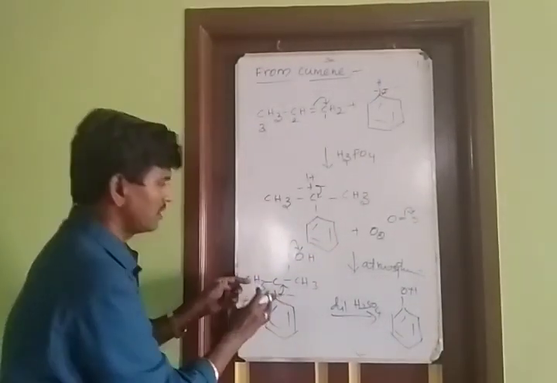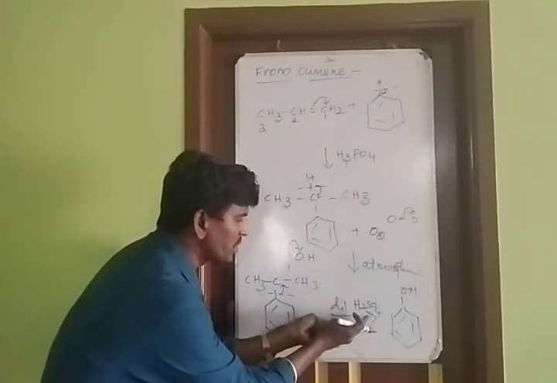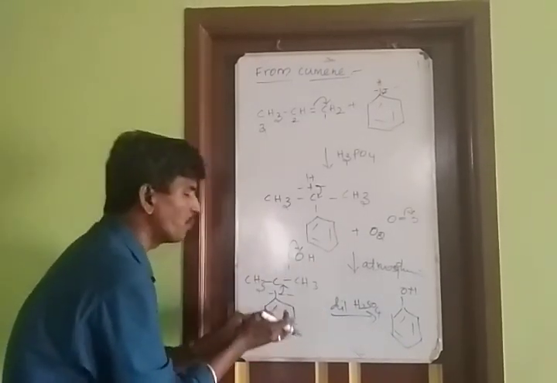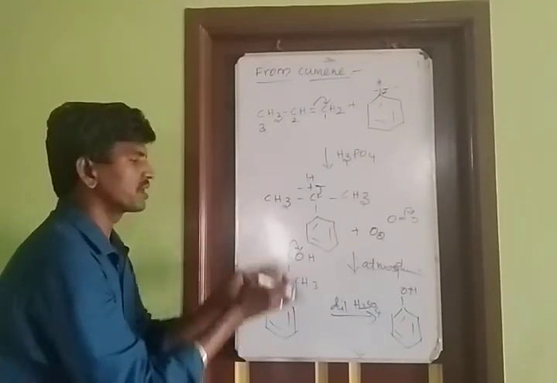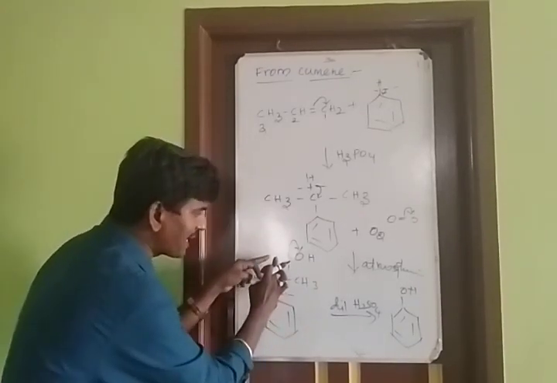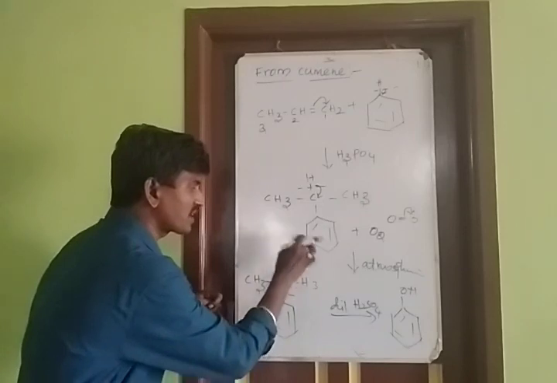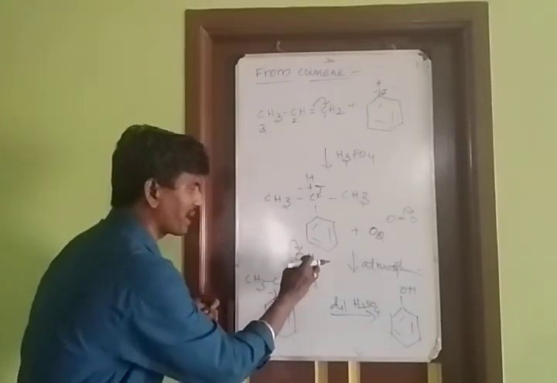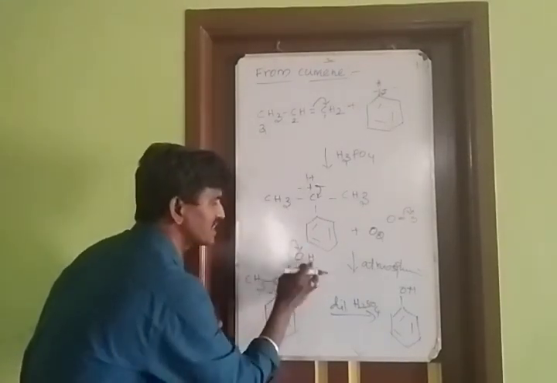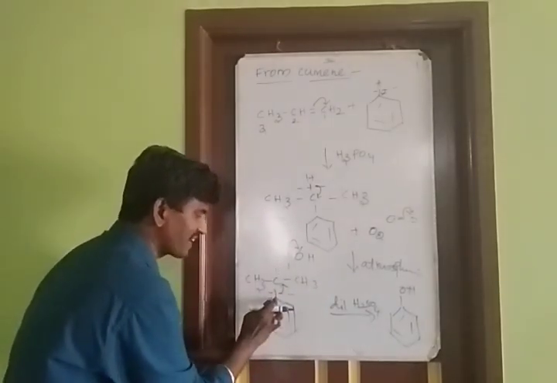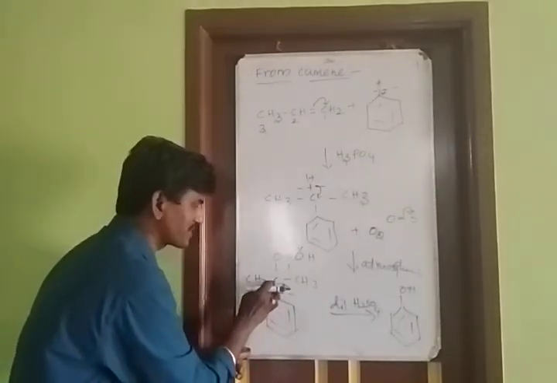Are you clear? When you add dilute acid to cumene hydroperoxide, this compound will decompose. It gives a product to us. Okay, compare oxygen and hydroxyl group. Which one is more electronegative? Hydroxyl group. So the hydroxyl group takes one pair of electrons. So the bond breaks between oxygen and the hydroxyl group. OH minus, here O plus. Compare the phenyl carbon and the propyl carbon atom, the second carbon atom.